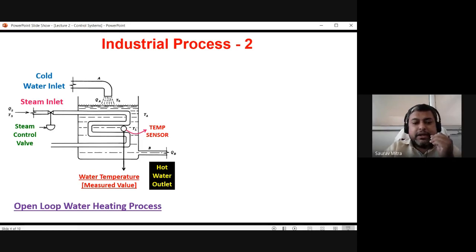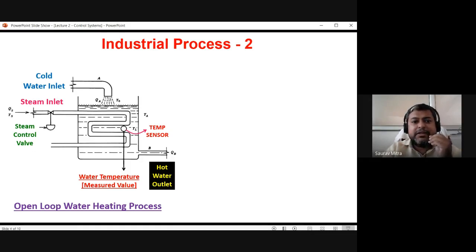The second process is where we close the hot water outlet for some time. We allow the water to come in and get heated up, and there is a temperature sensor here. Whenever the predetermined temperature is reached, only then do we open the outlet and get heated water. That is not a running process.